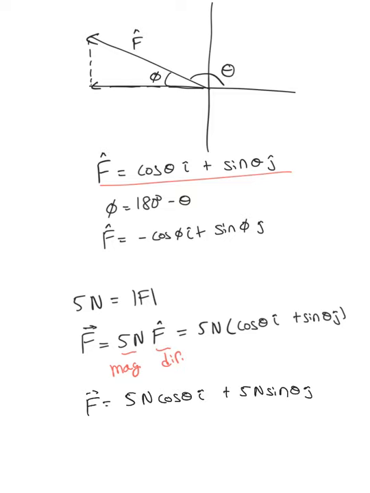And this looks like a normal vector that we might have written in physics 1, right? It has some i hat component, it has some j hat component. But often it is simpler to write it in terms of 5 newtons multiplied by this direction, right? We have a magnitude clearly laid out, 5 newtons. We have a direction clearly laid out in the cosine theta i hat plus sine theta j hat.